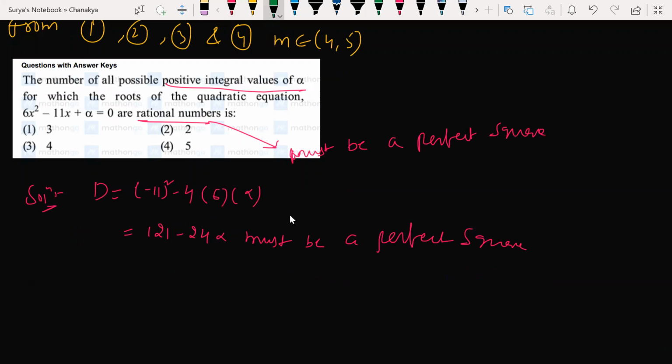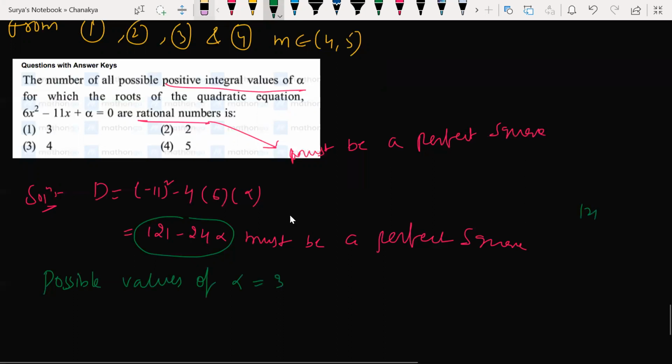For making this a perfect square, what are the possible values of alpha? It can be 2, 48, no. 3, 72, 121 minus 72 is 49.